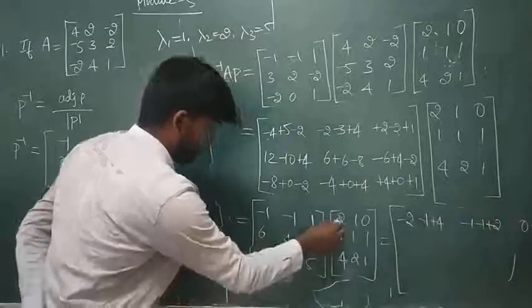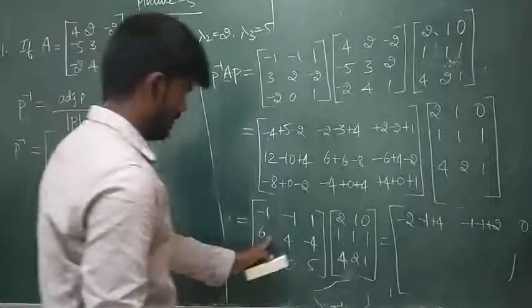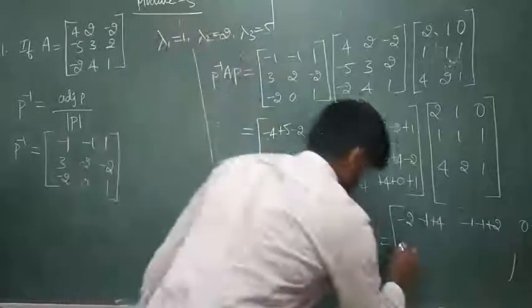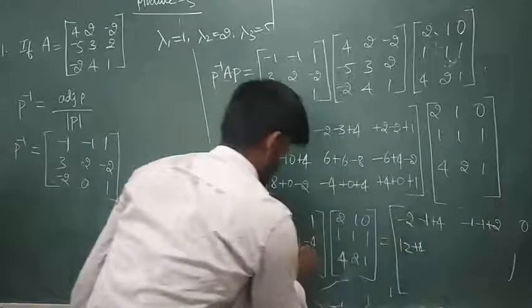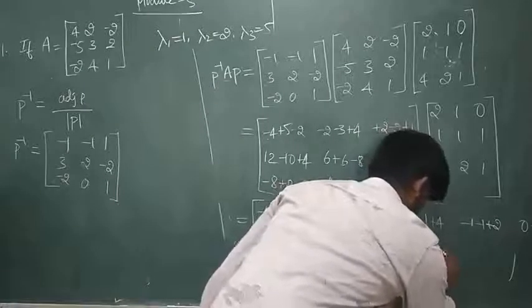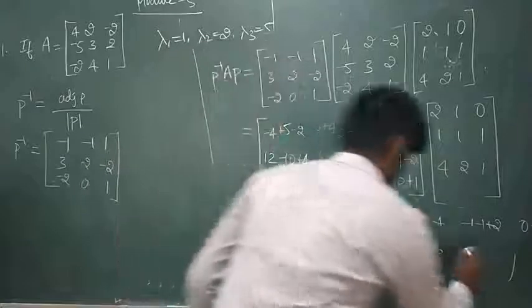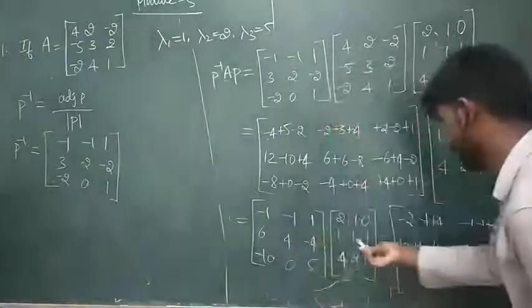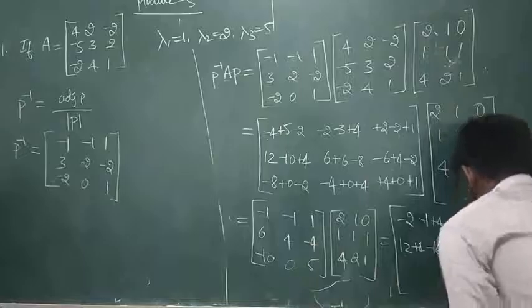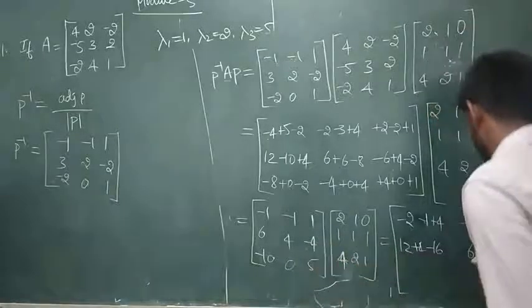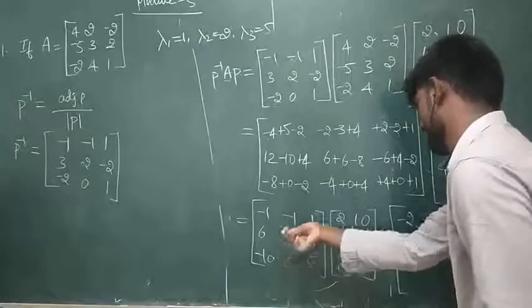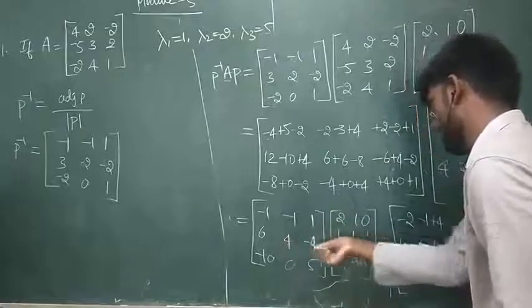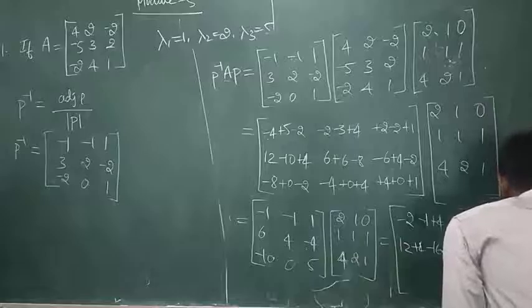6 into 2 gives 12. And 4 into 1 is 4. Minus 4 into 4 minus 16. 6 into 1, 6. 4 into 1 plus 4. Minus 4 into 2 minus 8. 6 into 0, 0. 4 into 1, 4. 4 into minus 4, minus 4.